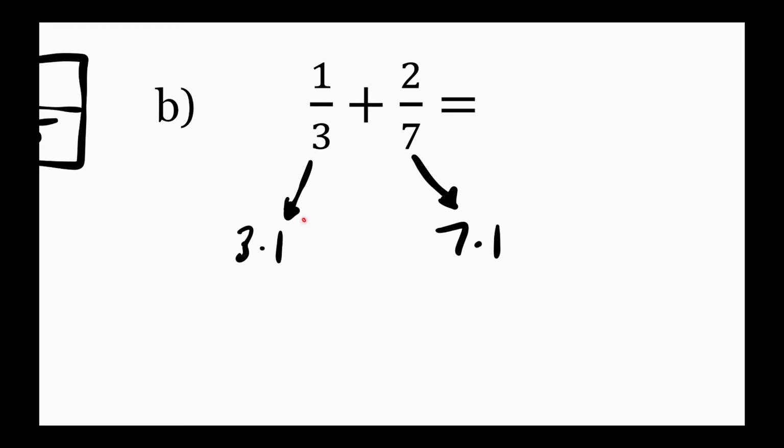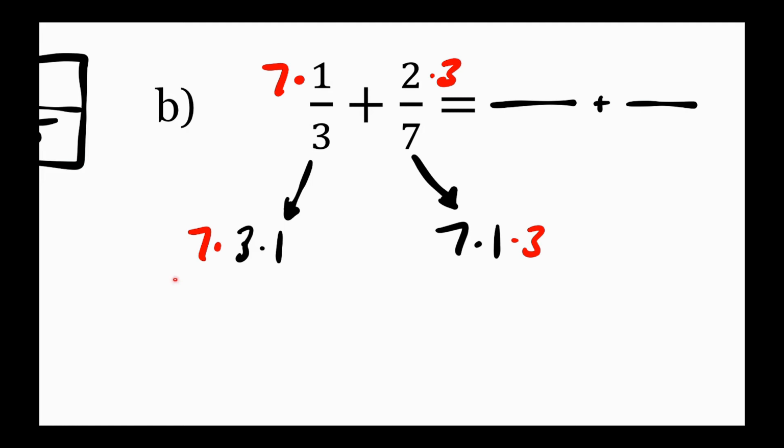Okay. What is this lacking that the other one has? A 7. So I got to include a 7 here and here. And then over here, I'm lacking a 3. So now they're equal.